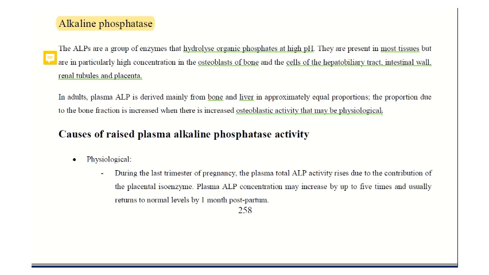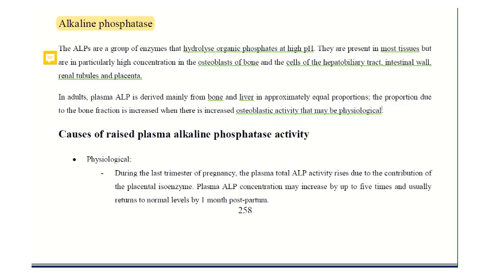They are present in most tissues, إذن موجودة في أغلب الأنسجة, but are particularly high concentration in the osteoblasts of bone and the cells of hepatobiliary tract, intestinal wall, renal tubules, and placenta. إذن هي موجودة في أغلب الأنسجة، ولكن بشكل خاص موجودة في high concentrations، في تراكيز عالية في osteoblasts of bone. هذين الخلايا osteoblast موجودة في العظام اللي هي وظيفتها تكون العظام.